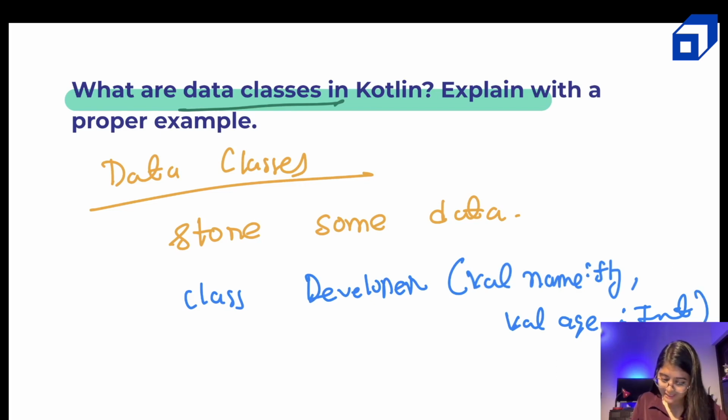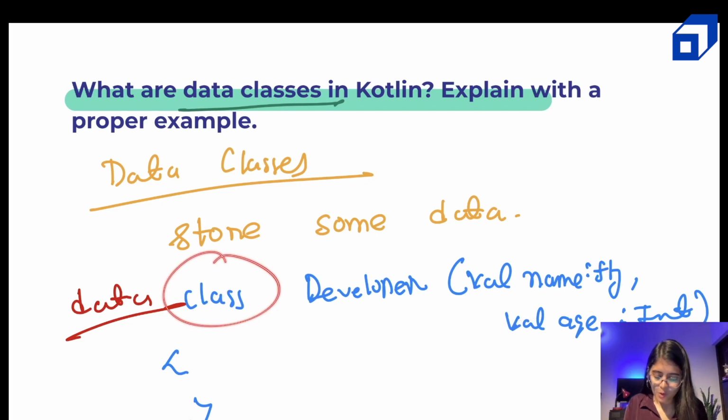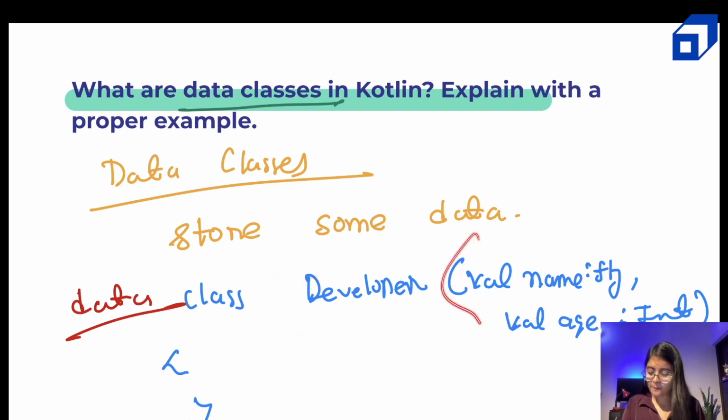So let's say this is our class, and then we have the body of the class. If we want to make it a data class, which means the class is there to just store some data, nothing unnecessary, then we put a new keyword here, that is the data keyword. Data, and then the normal way of creating the class: class keyword, name of the class, and then in parentheses we put the parameters of the class.